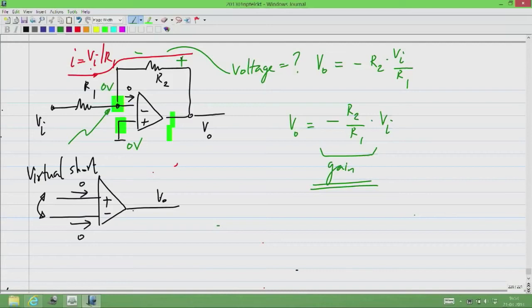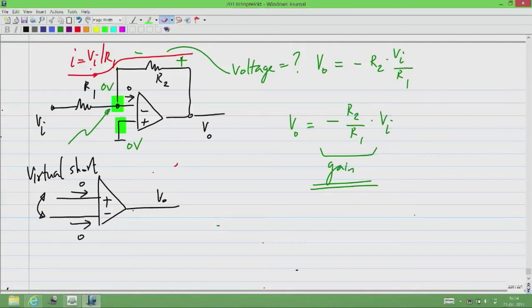Okay. And also, just to be precise, it's not the gain of the op-amp that is being changed. It's the gain of the overall circuit. The gain of the op-amp is A0 and it is fixed, and A0 tends to infinity in an ideal op-amp.